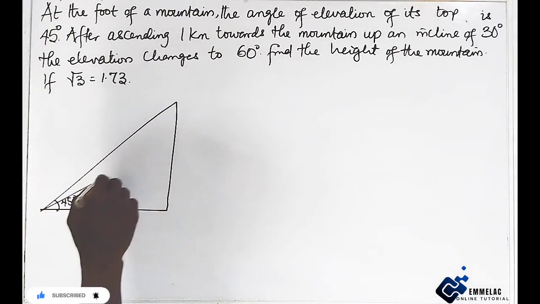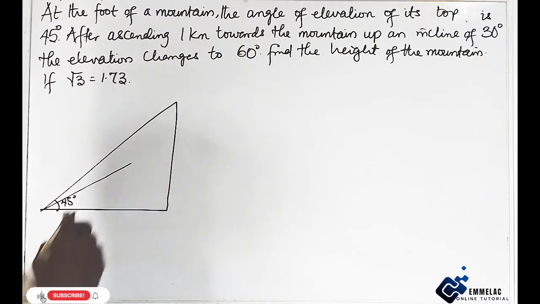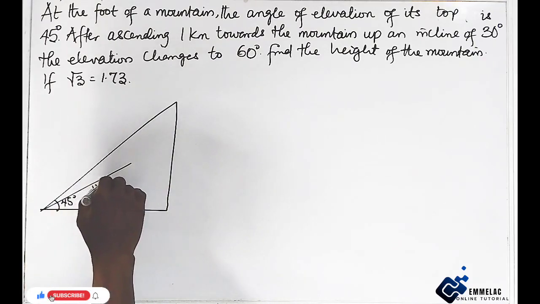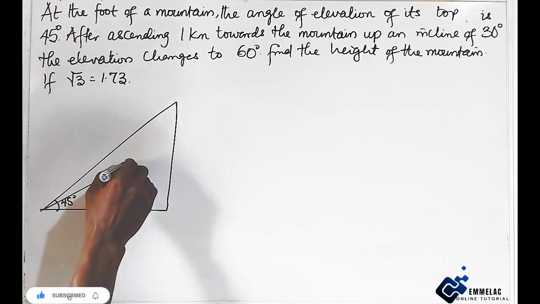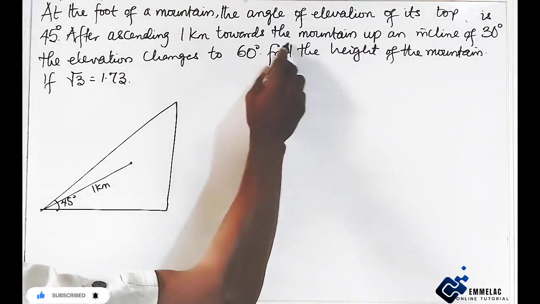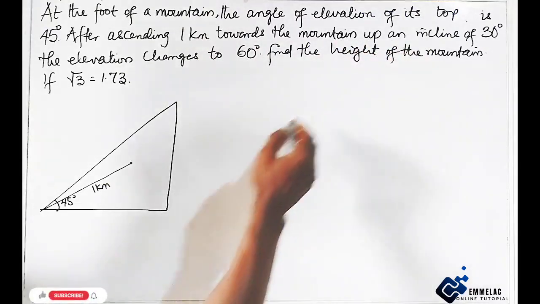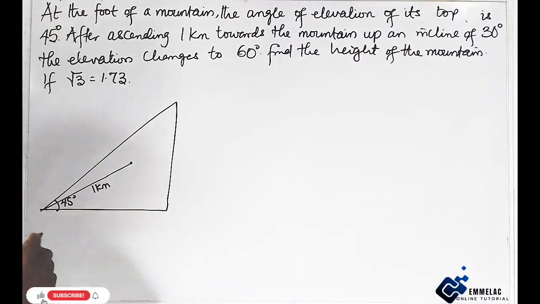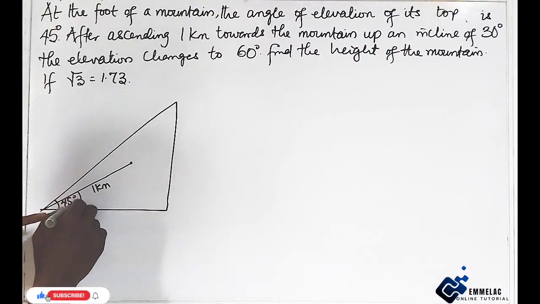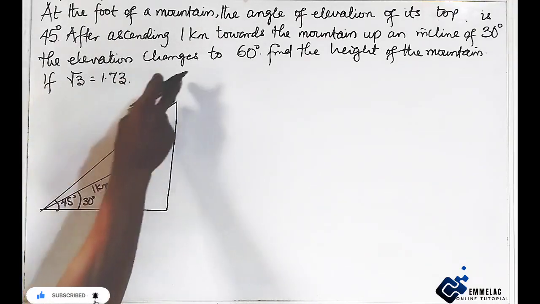Ascending about 1 kilometer. This is 1 kilometer. Now the question says, towards the mountain up an incline of 30 degrees. So which means from here to here is 30 degrees. Now the elevation changes to 60.